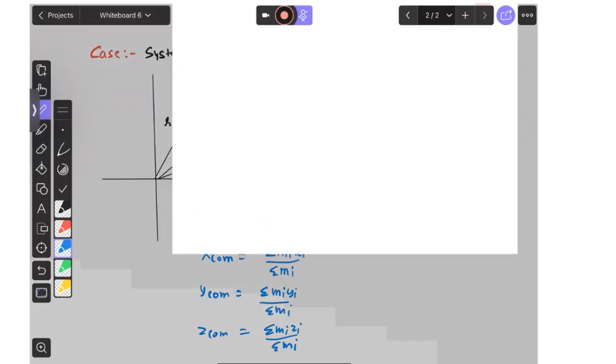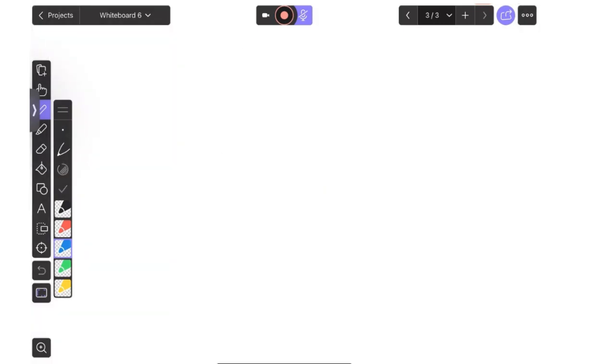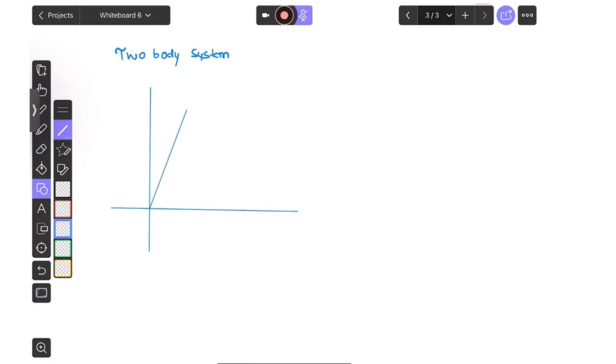Next I'll take the case of a system having two objects only, which is a common case, maybe I could call it a two body system. Suppose I have 2 point masses m1 and m2 whose position vectors we know.